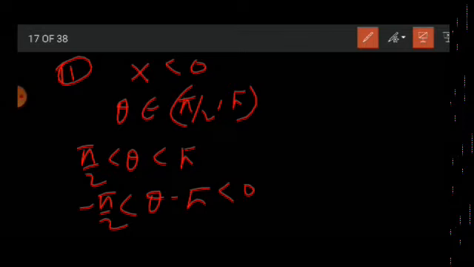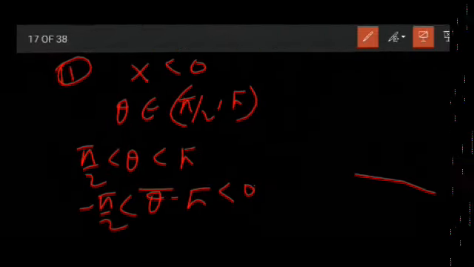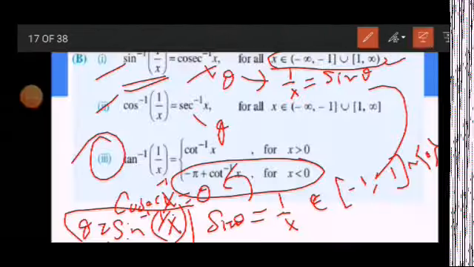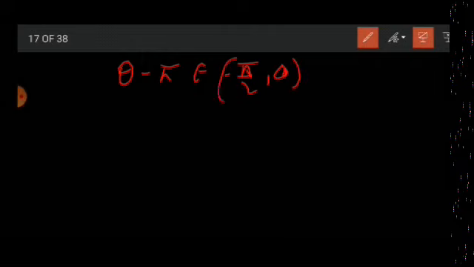So what we conclude is that theta minus pi belongs to the open interval minus pi by 2 to 0.